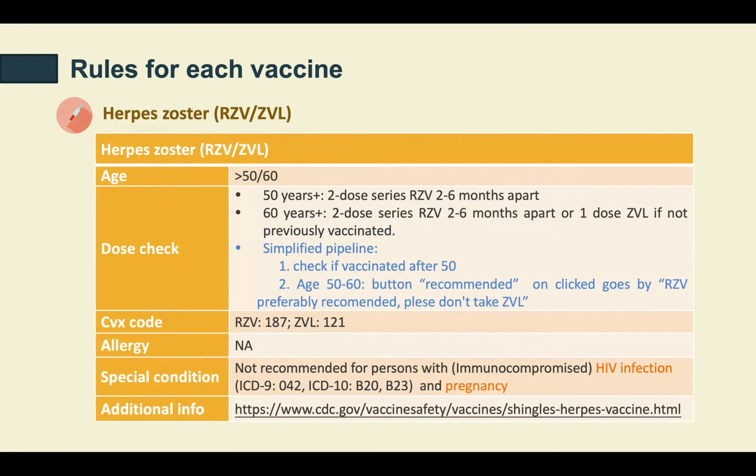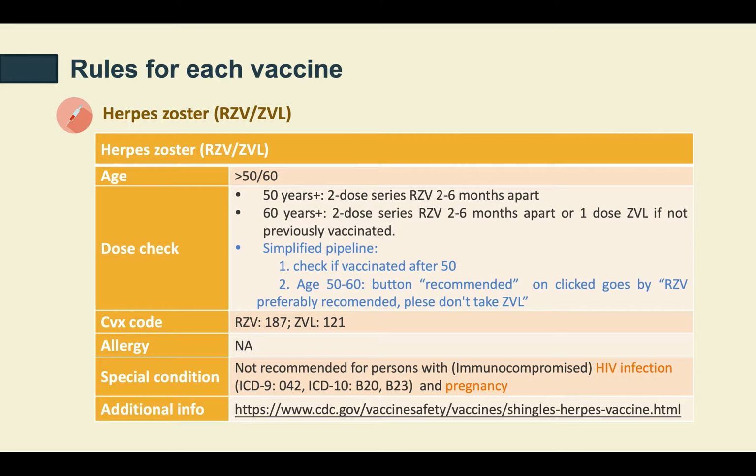And for herpes zoster, we will not recommend it to a patient younger than 50 years old. If older than 50, we will check whether he or she was vaccinated after this age. If not, he or she will be recommended.